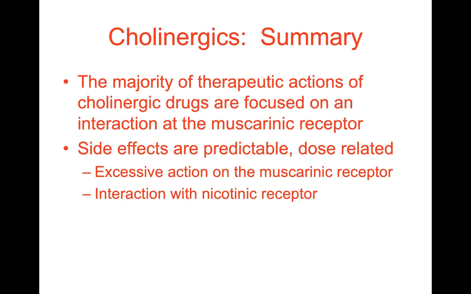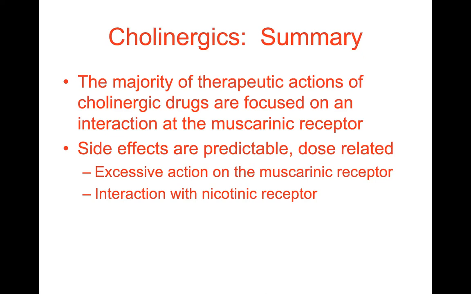If I gave you an agent and a list of side effects, you should be able to pick them out. Typically, it's an extension of the pharmacology, meaning they're either blocking or stimulating muscarinic receptors.